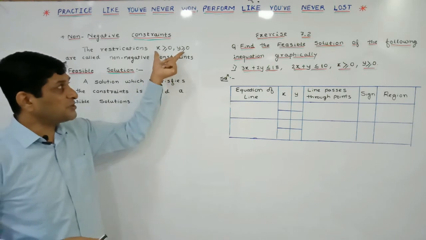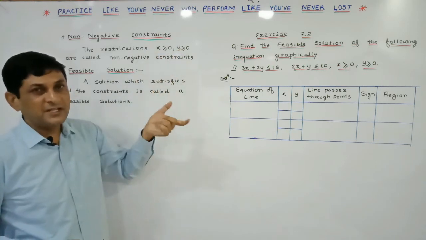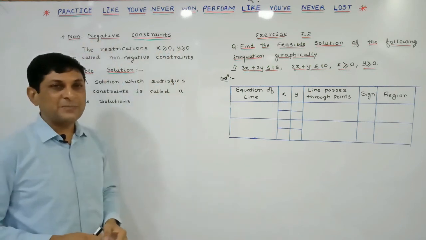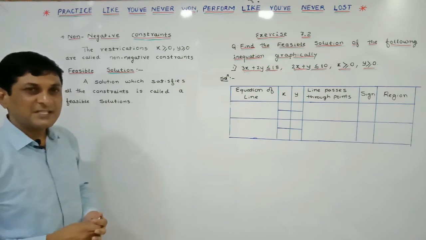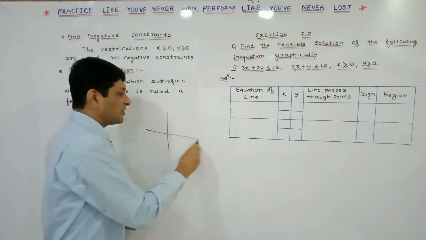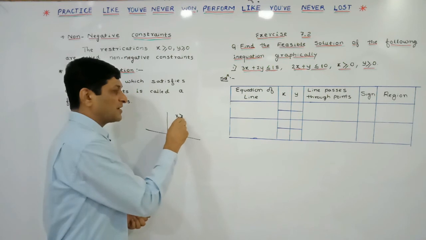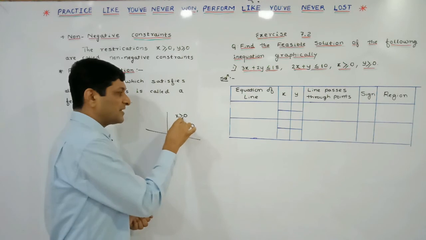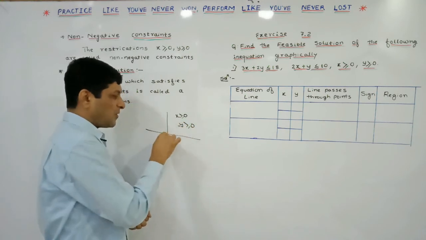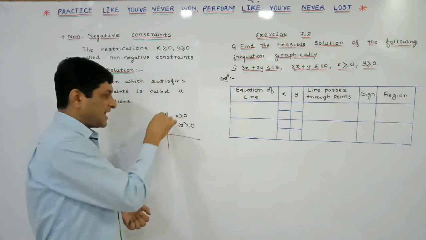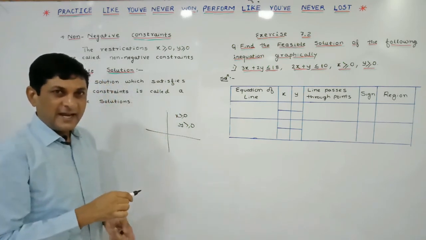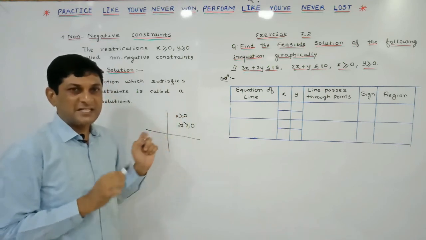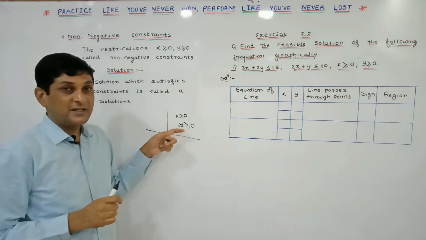And whenever such types of conditions are given in our example, means if non-negative constraints are given, we can easily say that the solution set lies in which quadrant? First quadrant, because in the first quadrant the values of x are greater than 0, and the value of y is also greater than 0. And if we are taking equal here, the points on these axes are also included. Since x and y are greater than 0, all the points satisfying both conditions lie in the first quadrant.